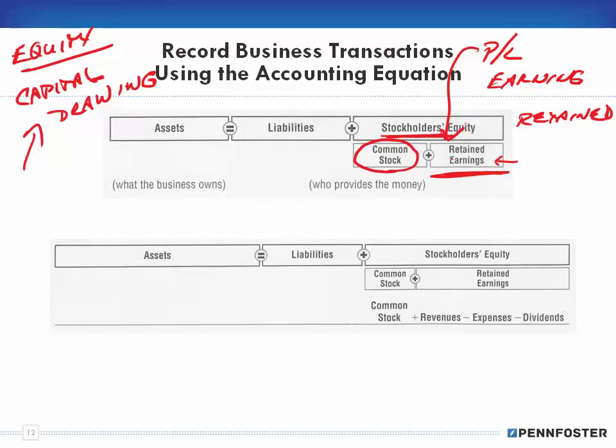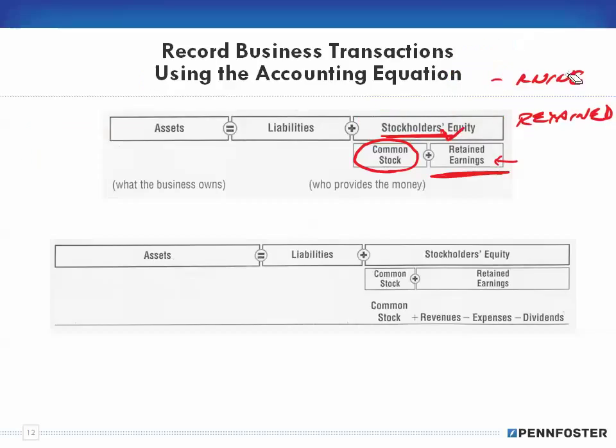So any of our profit or loss gets moved over to retained earnings, and along with the money we receive for the common stock, it makes up our stockholders' equity. We have the accounting equation, assets equals liabilities plus stockholders' equity, but the stockholders' equity is broken down into common stock and retained earnings.